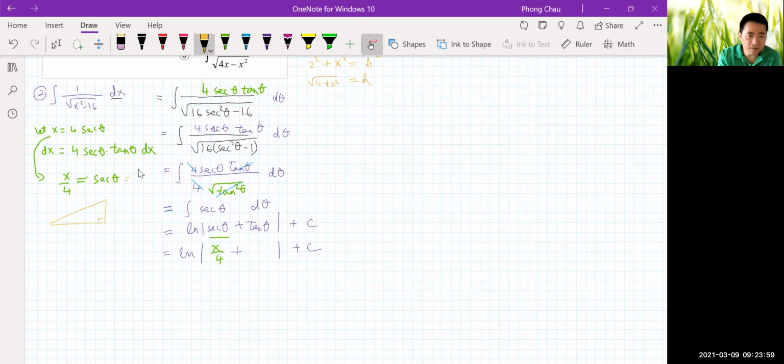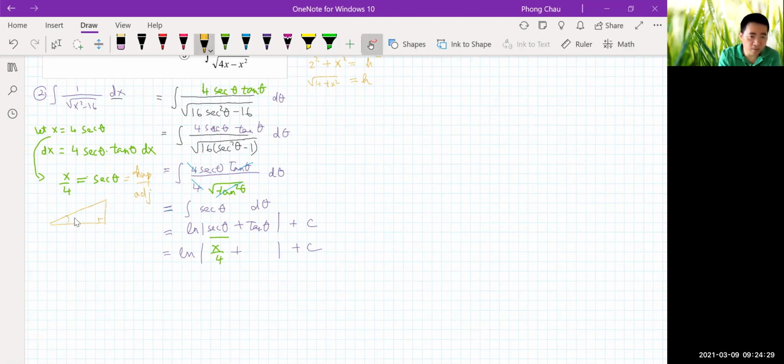Secant is hypotenuse over adjacent; remember cosine is adjacent over hypotenuse, so this is the reciprocal.